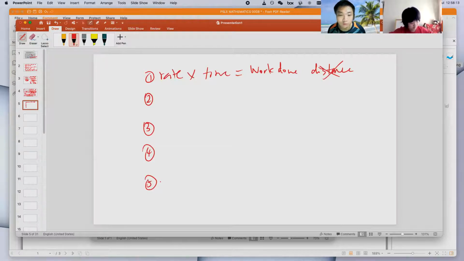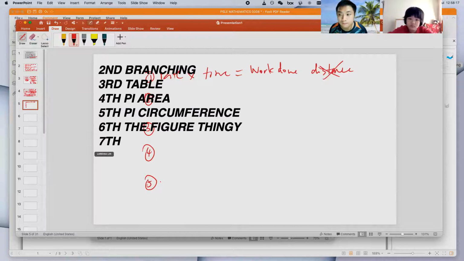What are you referring to? Branching, a formula, come on. Branching is not a formula. Table is also not a formula. Maximum, the area, I consider it as a formula.